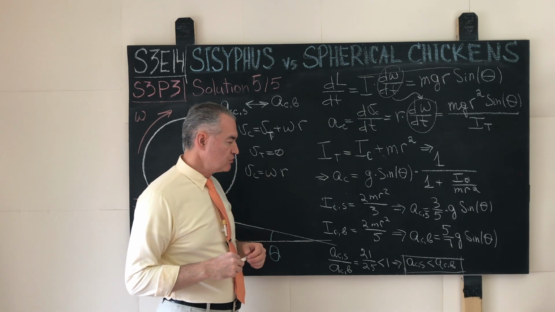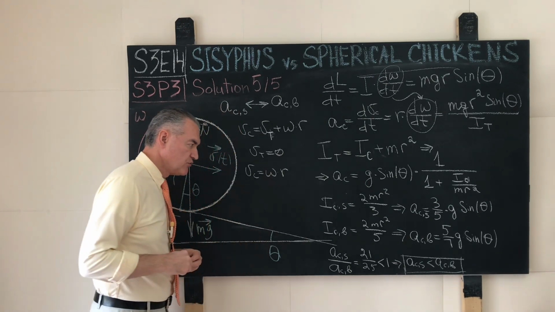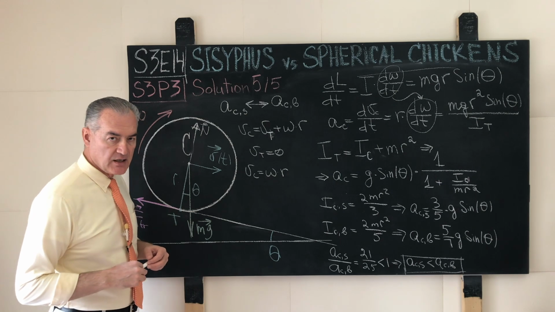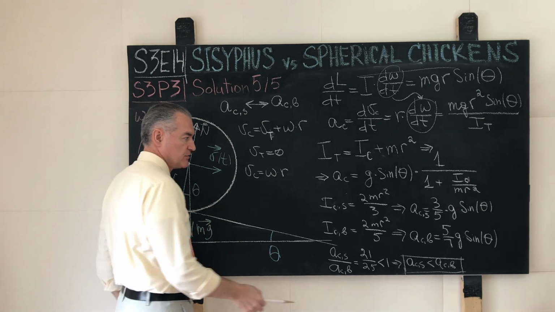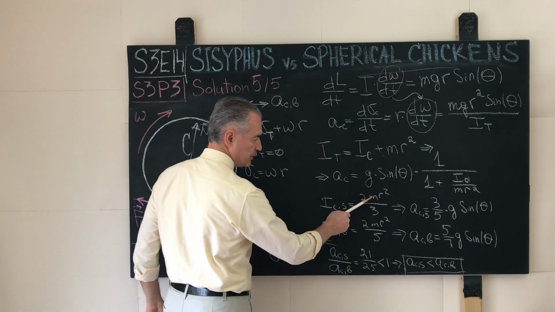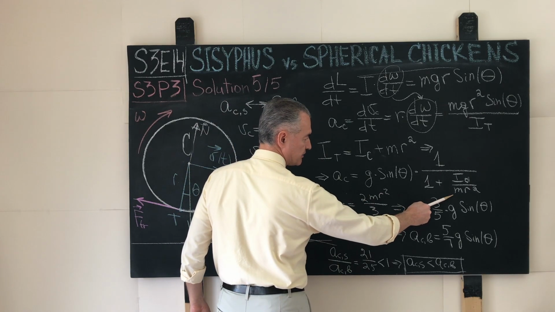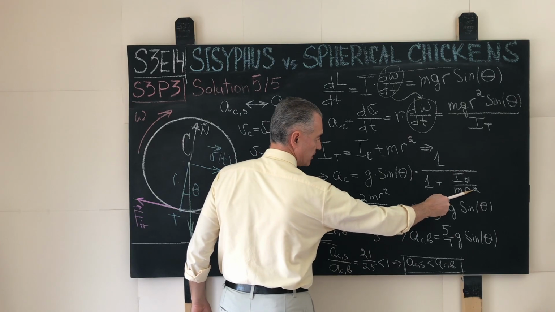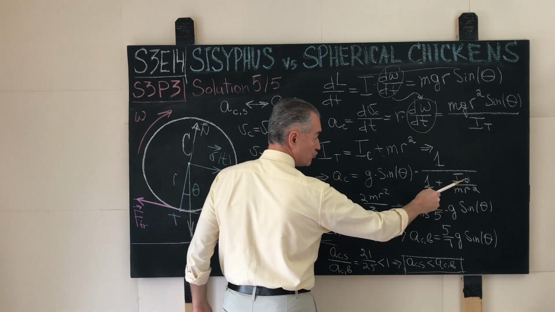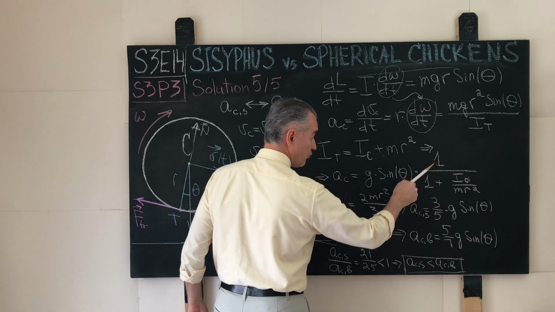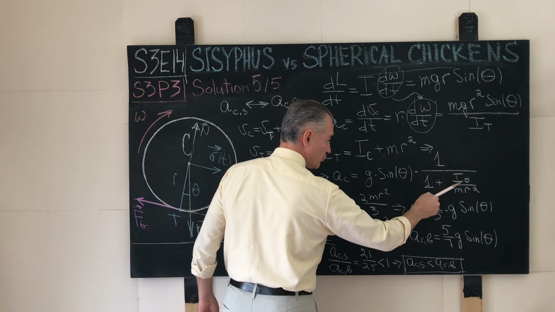And now what do we do? Well, we carefully compute the moment of inertia of a sphere about its natural axis of symmetry, already known to us, 2/3 mr squared. We put this result into this formula, and mr squared in the denominator and mr squared in the numerator cancel out. We have 1 over 1 plus 2/3.